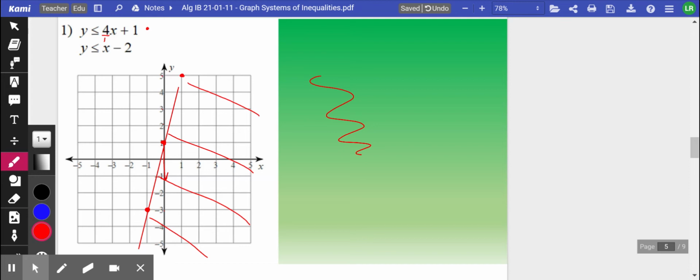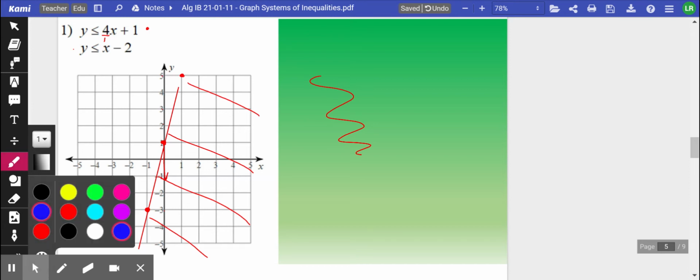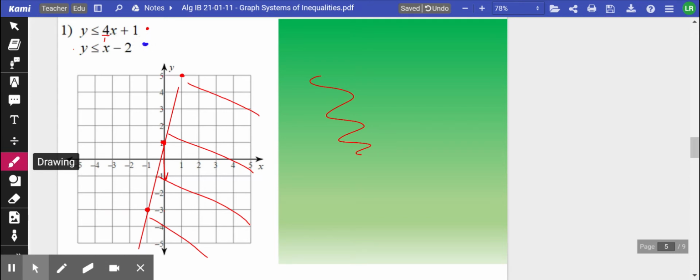Now I need to finish off with the second one. For the second one, let's put that one in blue. So y-intercept, y'all help me out. -2. The slope: I'm just going to use 1 over 1.